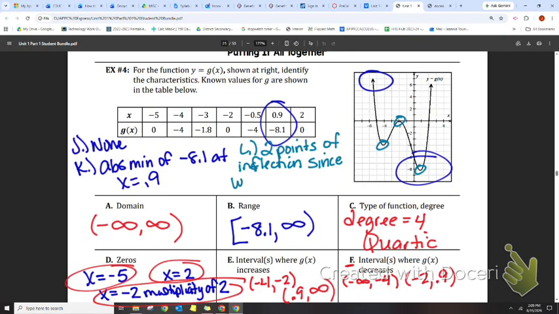Since we have 3, and instead of putting maximums and minimums combined, I'm just going to call them turning points because that's where our graph is turning from increasing to decreasing or vice versa.